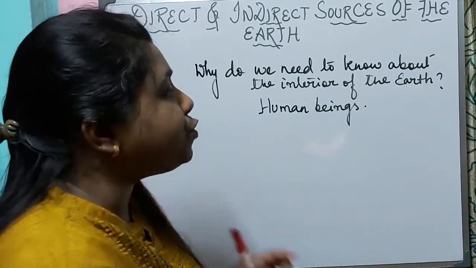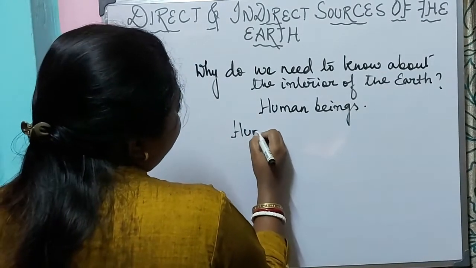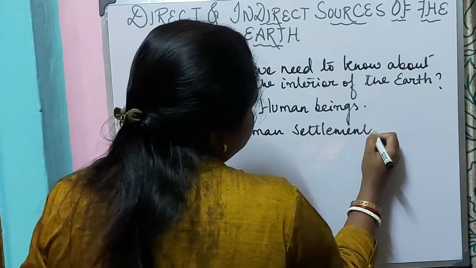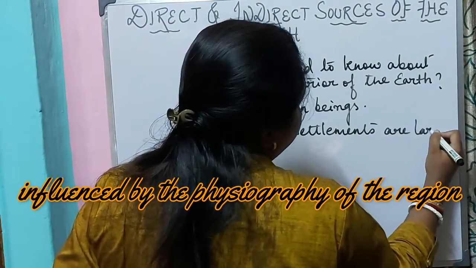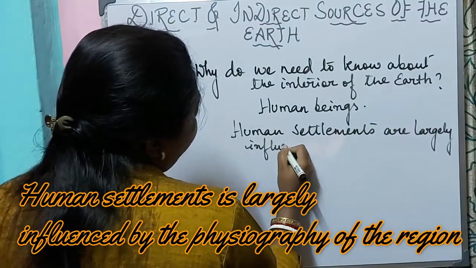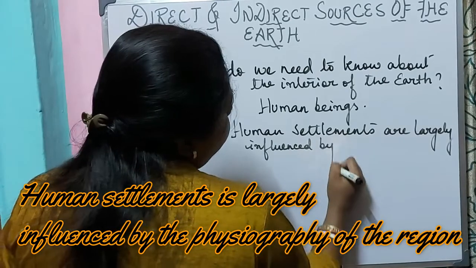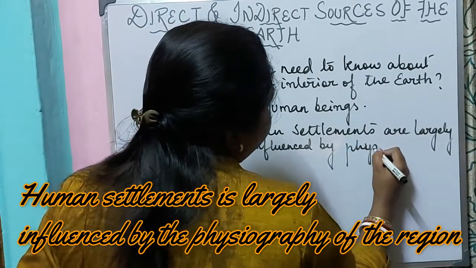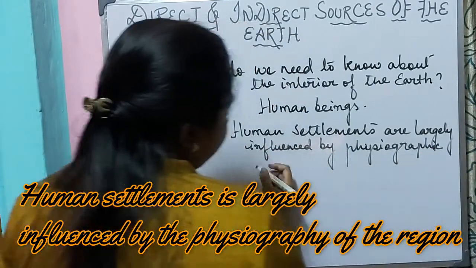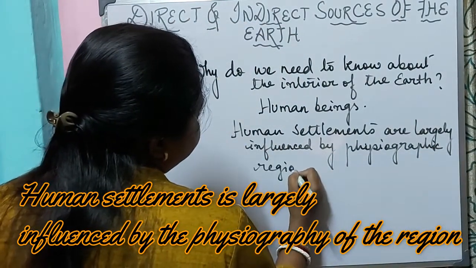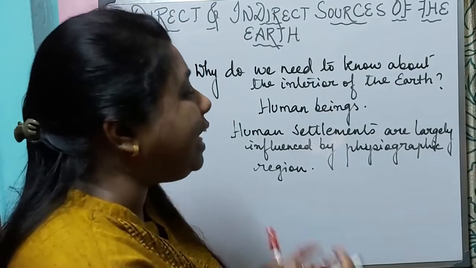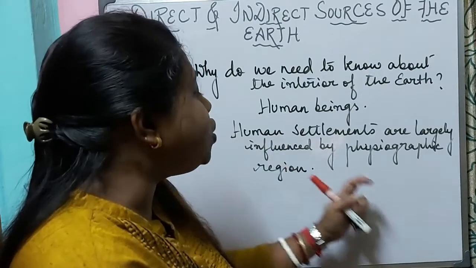It is largely due to the fact that human settlements are largely influenced by the physiographic region. So where the human beings will construct their settlements, where they will live, will depend on the physiographic region.